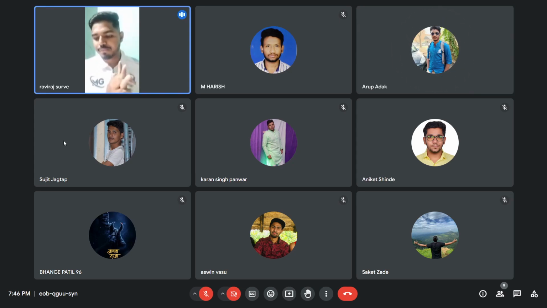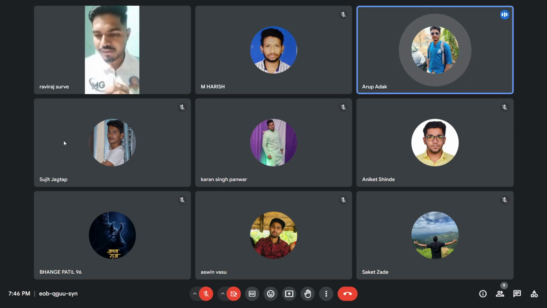Okay, Arup, tell me why we need compressed air on board ship. Where do we use compressed air on board ship? Basically, we need compressed air on board ship to start the main engine. It is the purpose of compressed air on board ship.